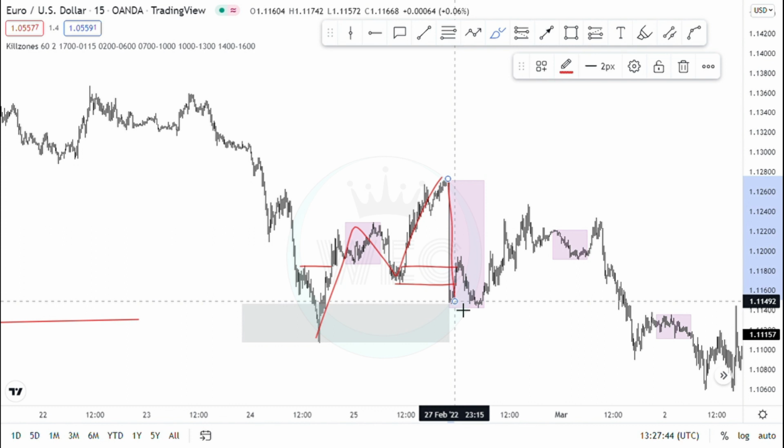So we can see that in here, I've been able to tell the intentions of the bigger time frame, but the 15 minutes or the lower time frame was basically telling me something else after it had earlier confirmed that it was going to go with what I had anticipated on the bigger time frame.